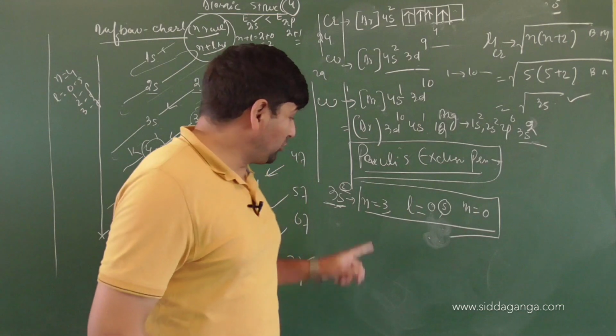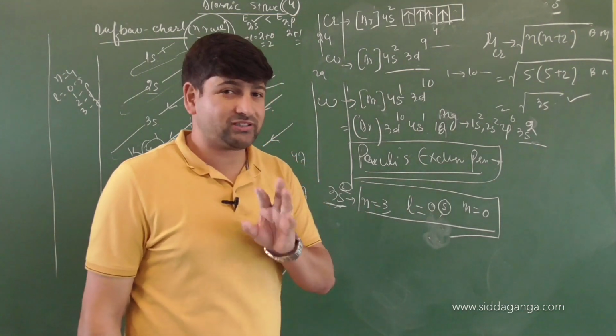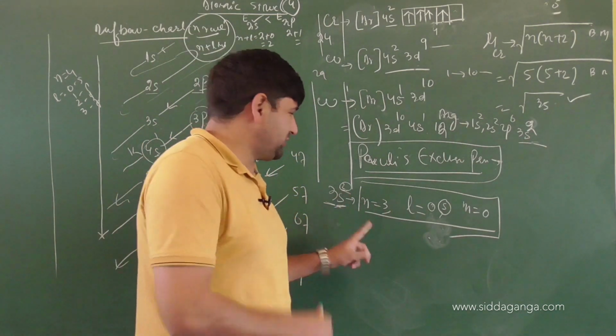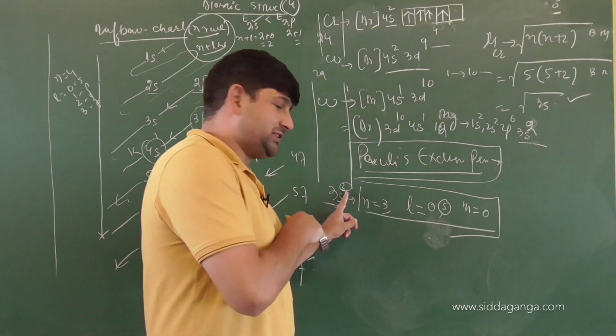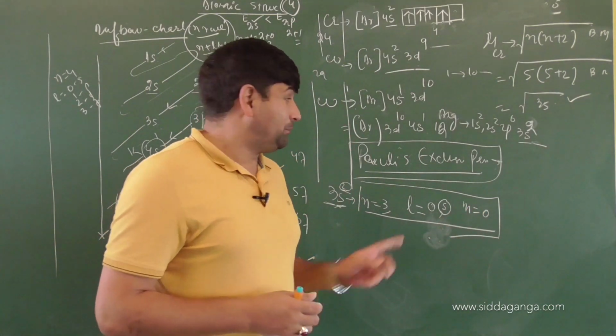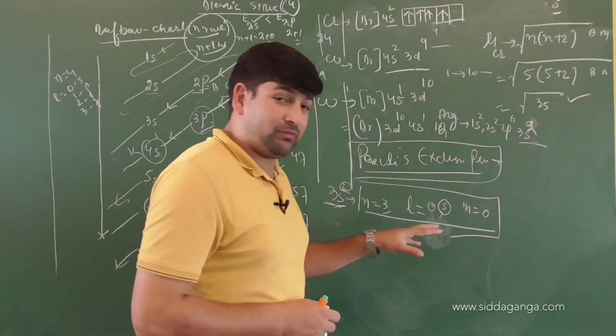I said a while earlier, no 2 electrons in an atom can have the set of all 4 quantum numbers the same. But I am writing n equals 3 for both of these electrons, l equals 0 for both, m equals 0 for both. Then Pauli's principle is not followed till now. Then the 4th quantum number has to be different.